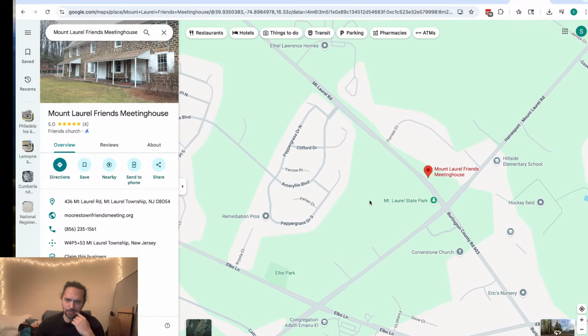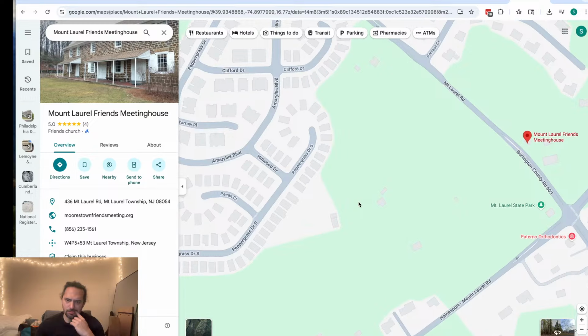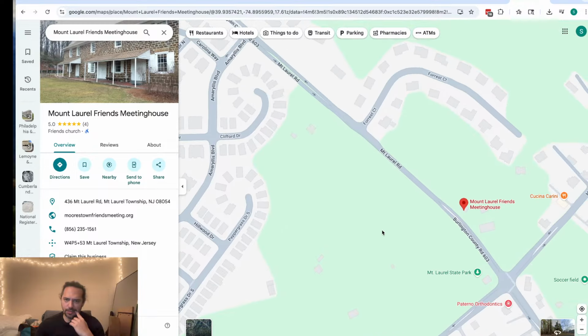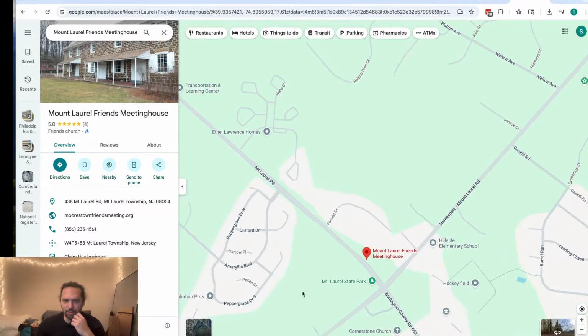Just west, so like right in here somewhere. Right in there. Near the Mount of Mount Laurel.